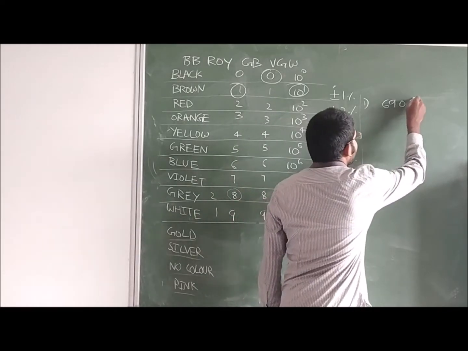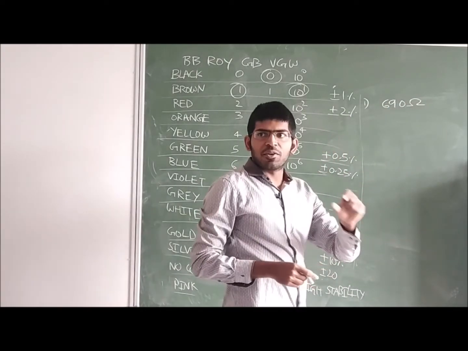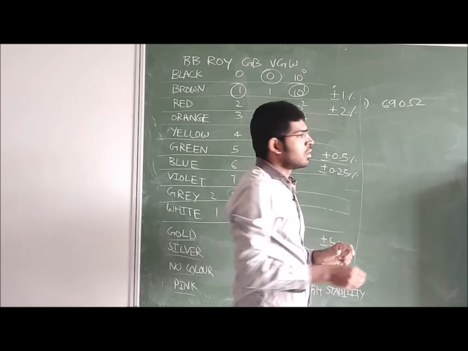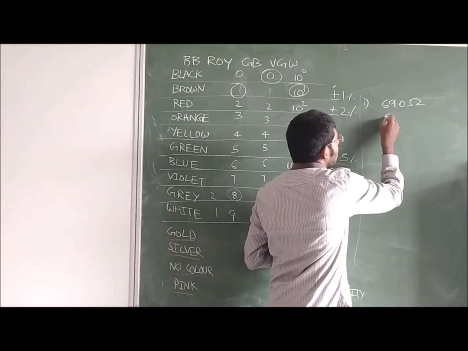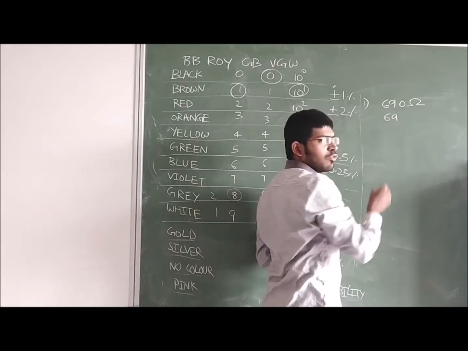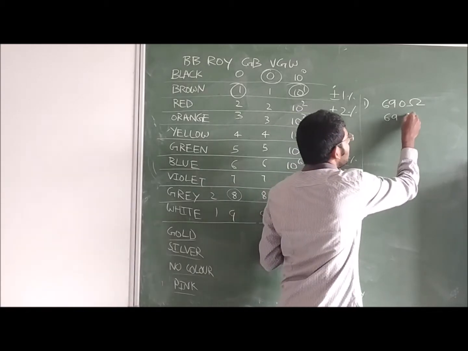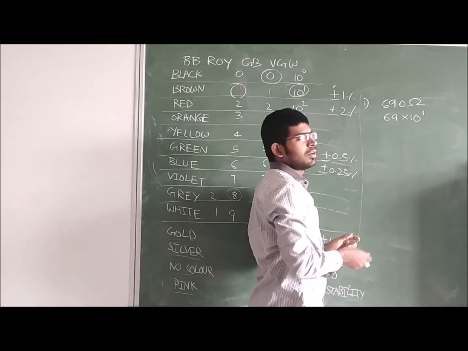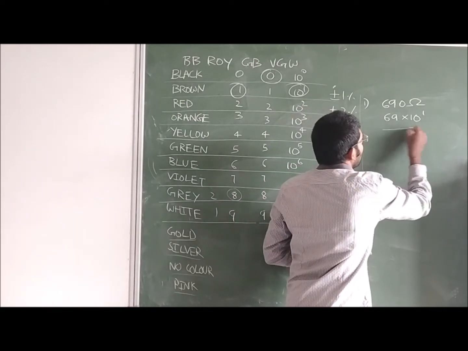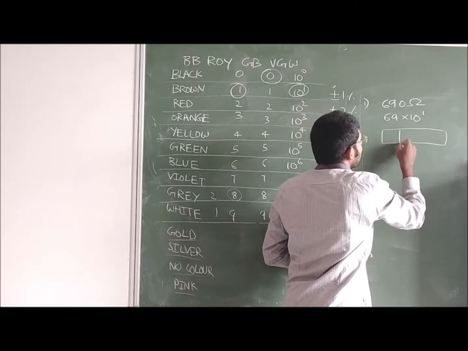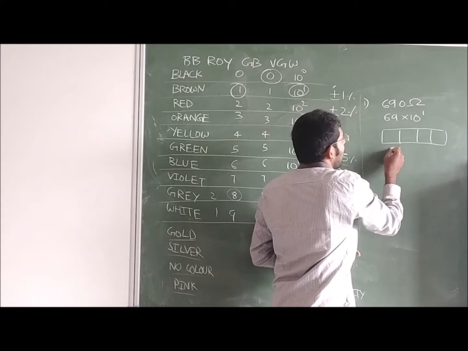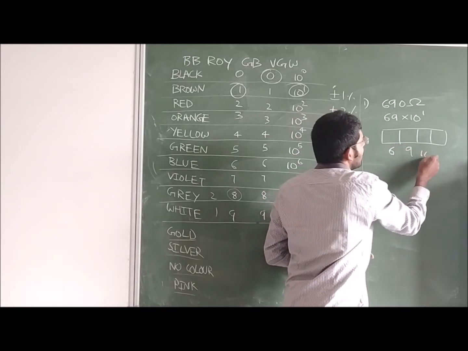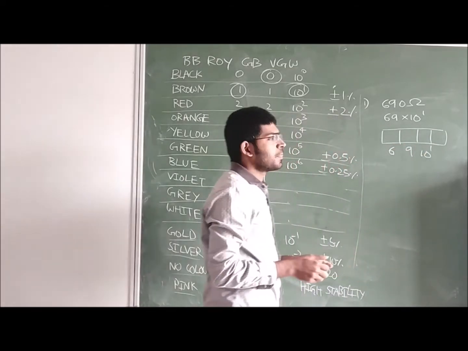First, 690 ohms. When we are given a resistance value, the first step is to write it in the form of two digits: 69 into 10 to the power 1. Now the value 6, 9, 10 to the power 1.